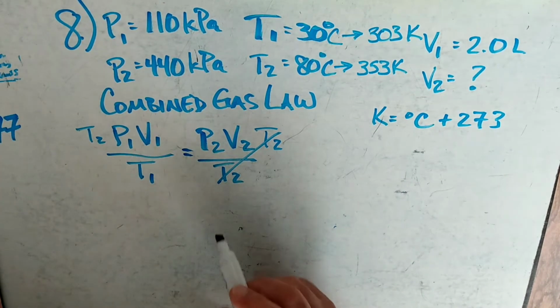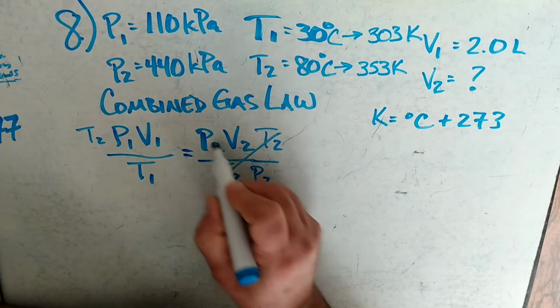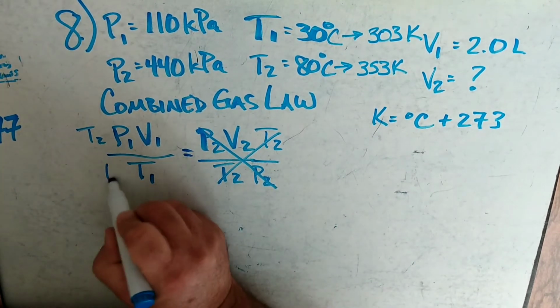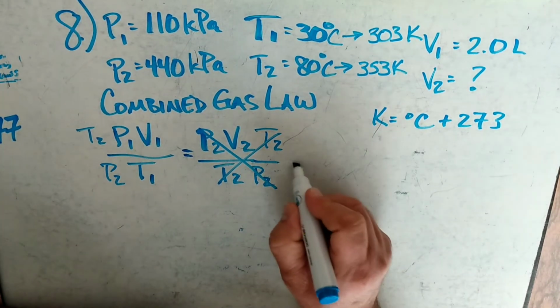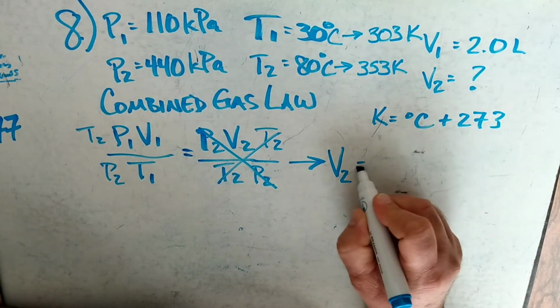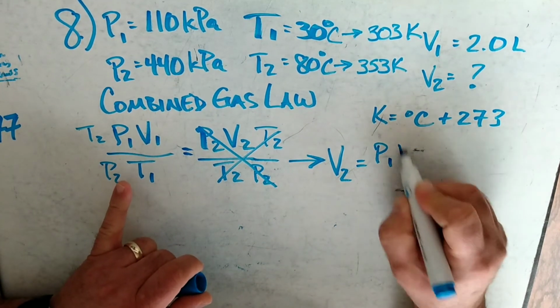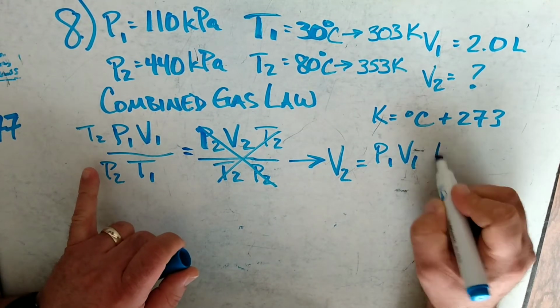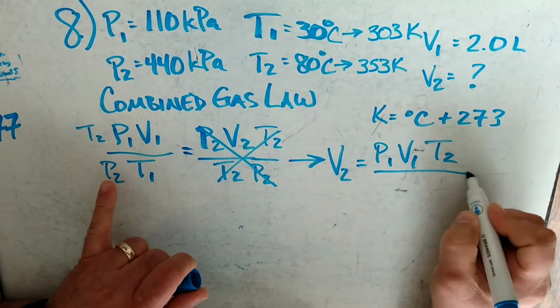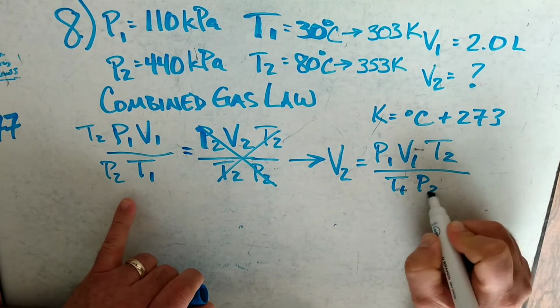And we also want to get rid of P2, so we'll divide by P2, which means those two cancel, and that means we have P2 on this side. So in reality, our new formula after manipulation is going to be V2 equals P1 V1 T2 all divided by T1 P2.